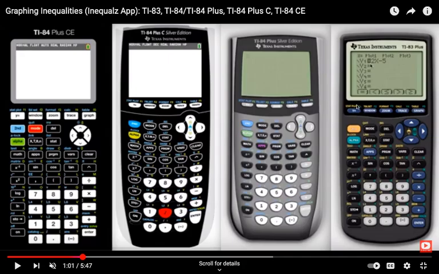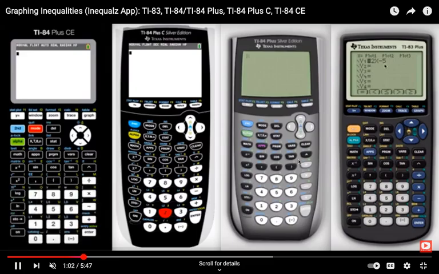If you want the equal sign, you're going to click y equals. If you want the less than sign, you're going to click Window. If you want the less than or equal sign, you're going to click Zoom. If you want the greater than sign, you're going to click Trace. And if you want the greater than or equal sign, you're going to click Graph.